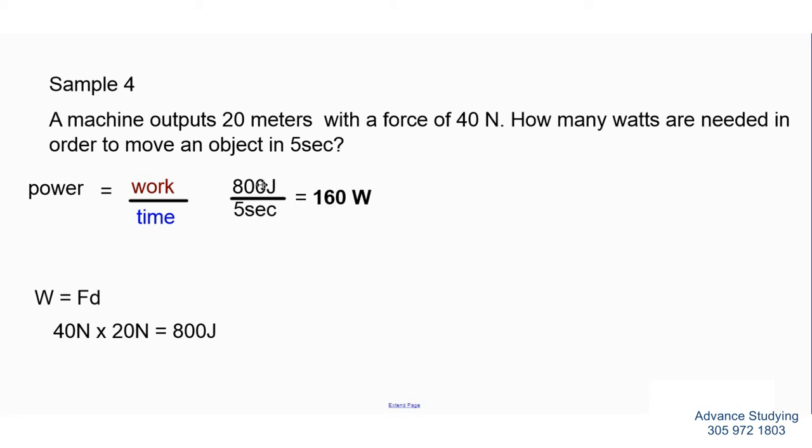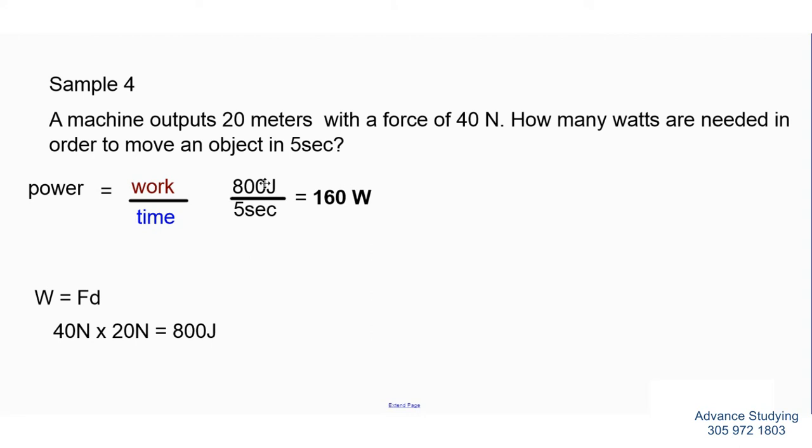So let's go over this. The question asks me to find power, which is watts, but I don't have work. So I plug in the values of force times distance to give me work.